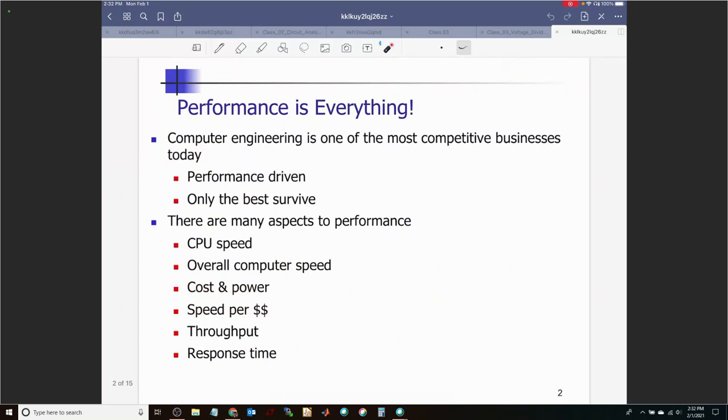Now, whenever you think about buying a computer, you say, I need performance, right? But it turns out performance cannot be just one thing that you look at. You have to look at it from different angles. For computer engineers, that's our business, right? Improving the performance, and only the best survive.